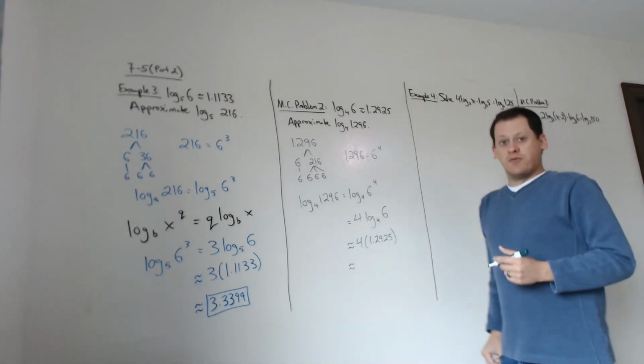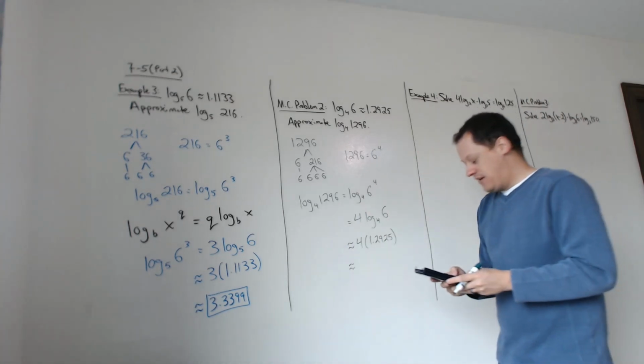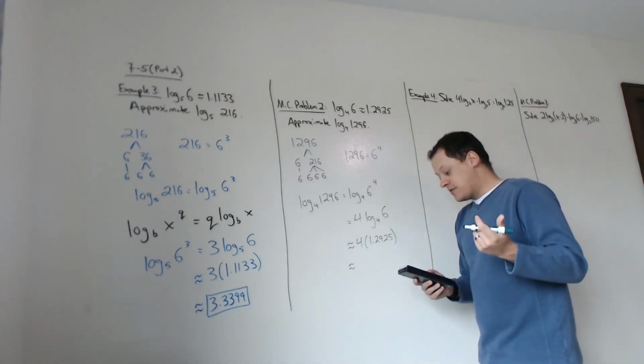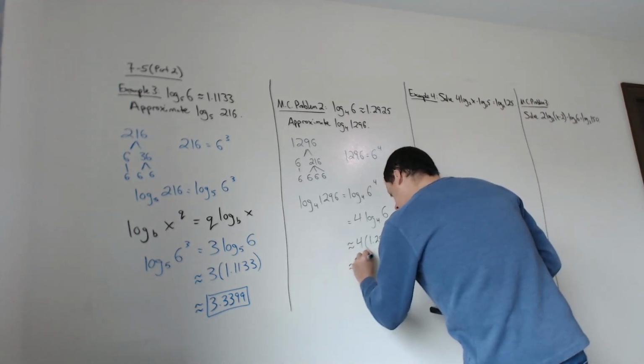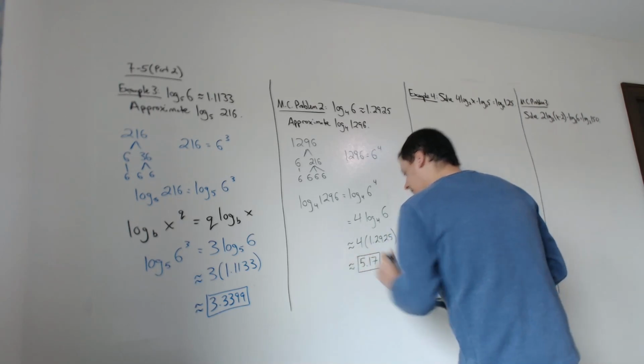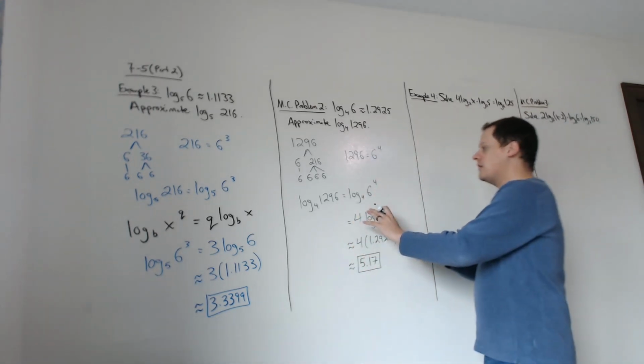Okay, I'm not as brave with this one. I am going to pull my calculator out to do that multiplication. 4 times 1.2925, that is 5.17. So, these problems are very similar.